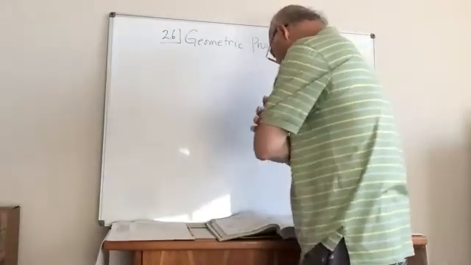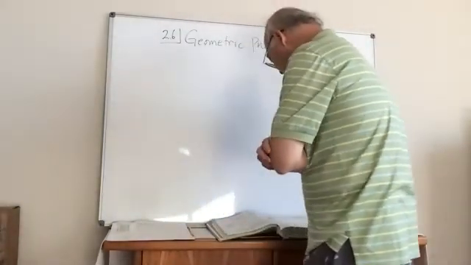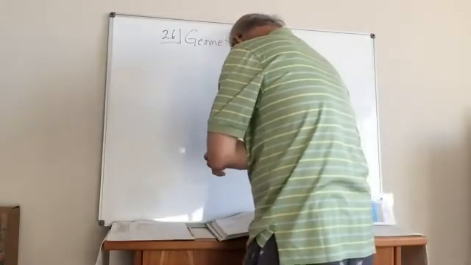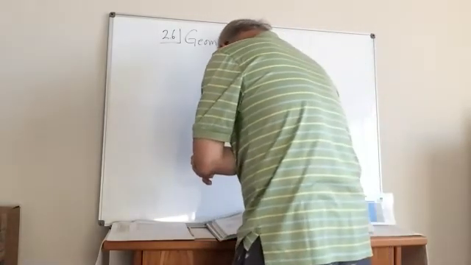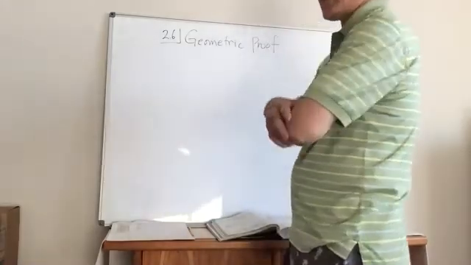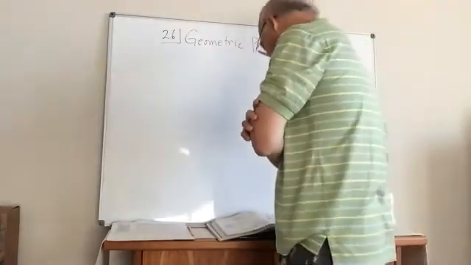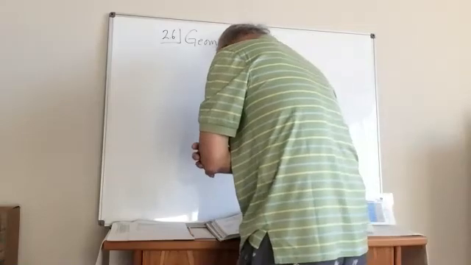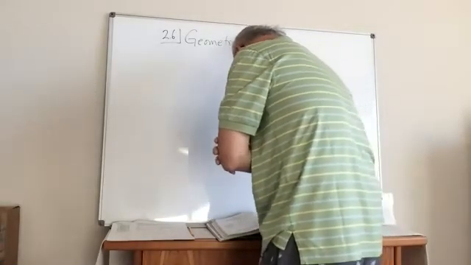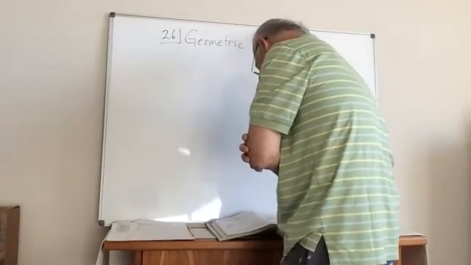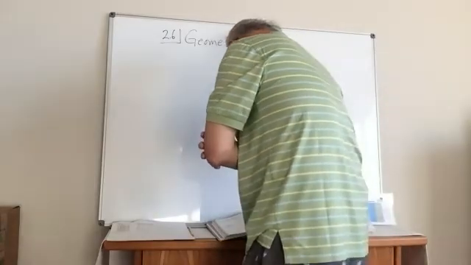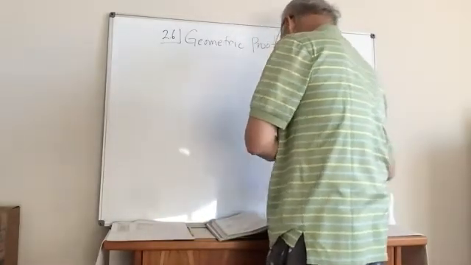Then we have 2-6-4, congruent complements theorem. If two angles are complementary, which means that they add to 90 degrees, and they are complementary to the same angle or to two congruent angles, then the two angles are congruent. It's the same thing.